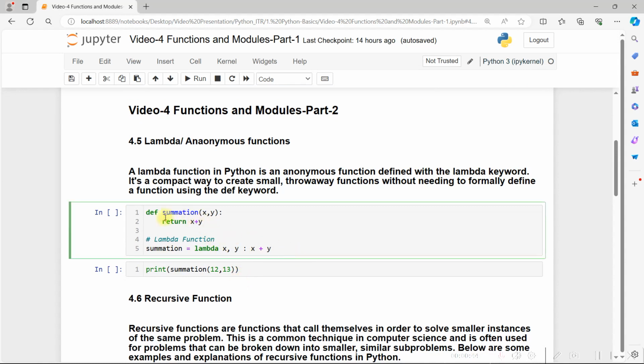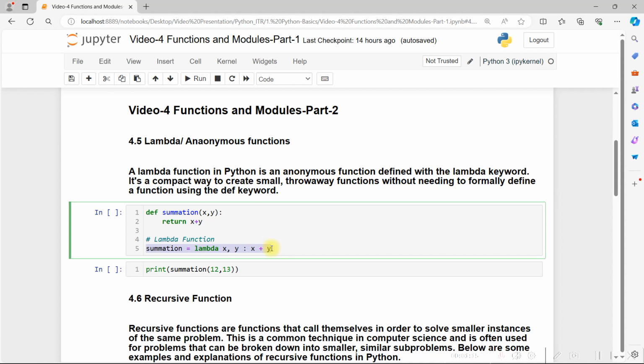Here we have taken our usual summation, that is, addition function. We have named it summation, and we have passed two arguments, x comma y. So instead of writing this type of function which has only one return value, we can write it in this fashion: summation = lambda x, y: x + y.